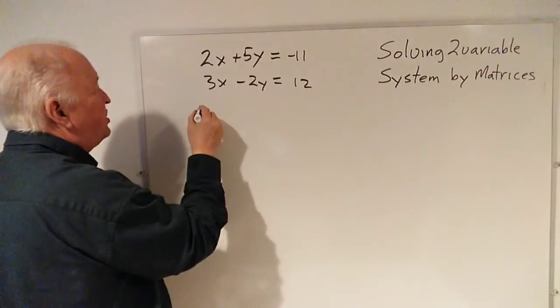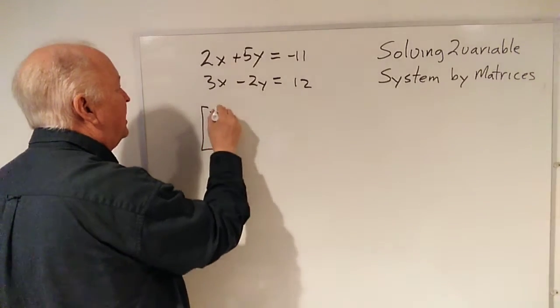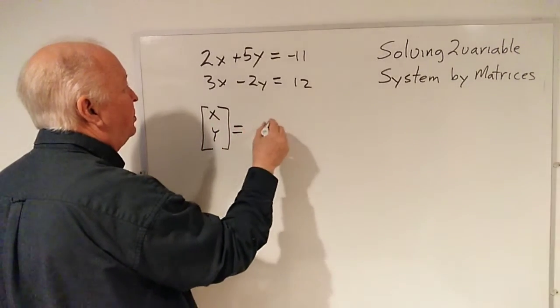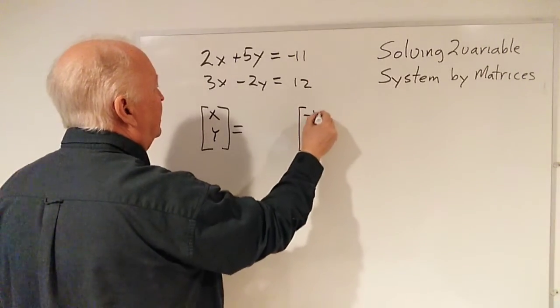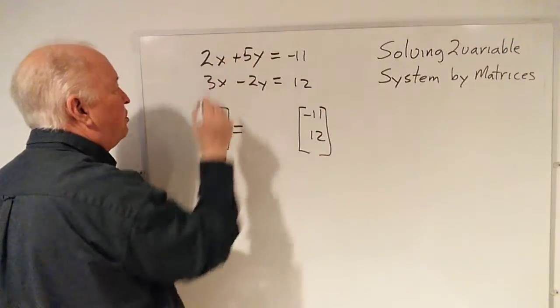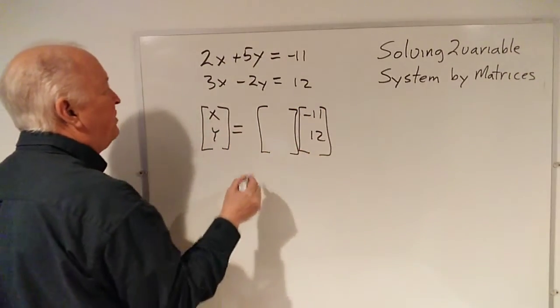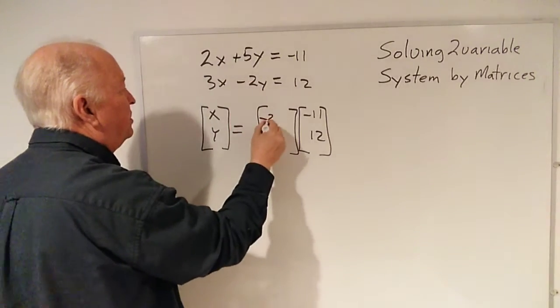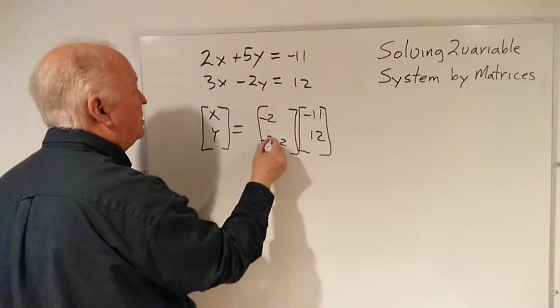So this means that x, y will equal the inverse of this coefficient matrix, and we'll just do that kind of in our head. We'll swap these two and make these two opposites.